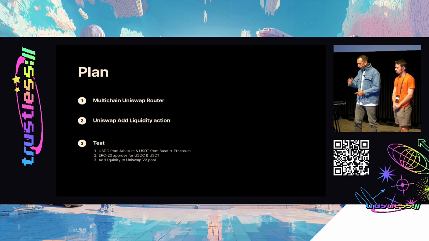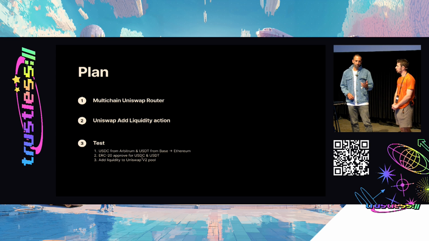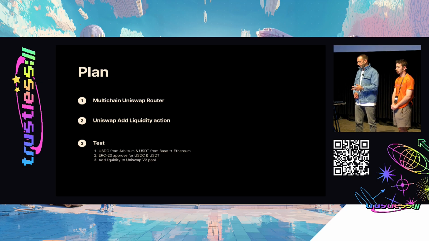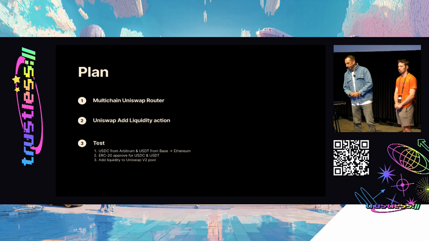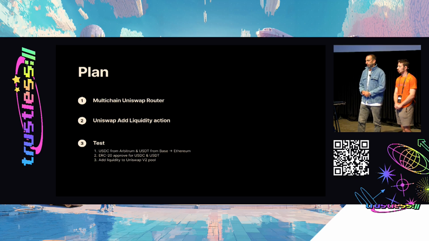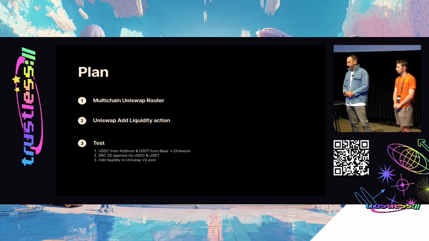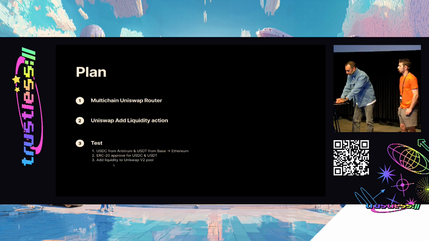And of course, at the end, we're going to see it running with an example of USDC from Arbitrum and USDT from Base, navigated into Ethereum, and then executed as an add liquidity call to Uniswap, and in between we're going to get ERC20 approval for both that is required for the third action. Okay, down to code.